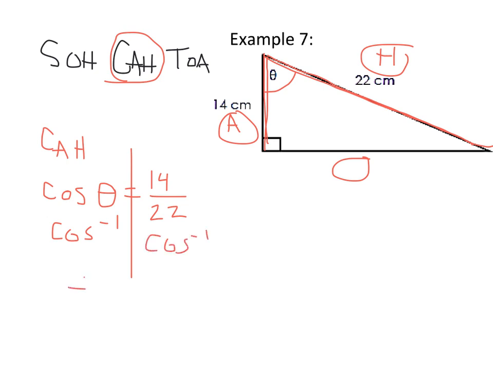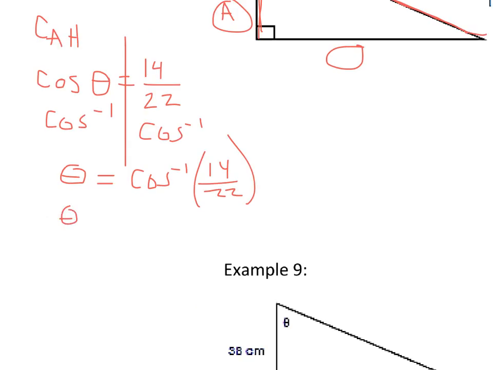So then theta equals inverse cosine of our fraction 14 over 22. So theta equals, well, that's about 50 degrees.